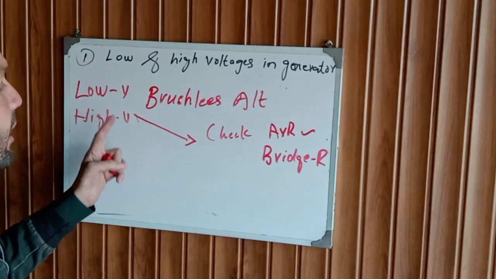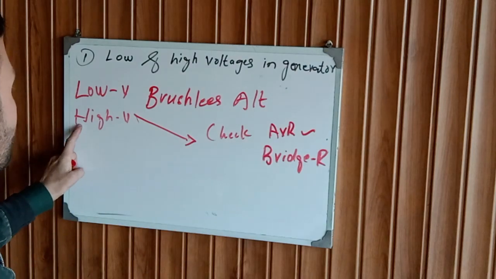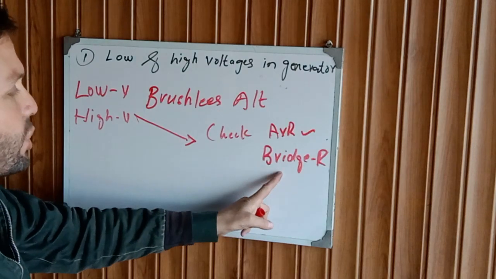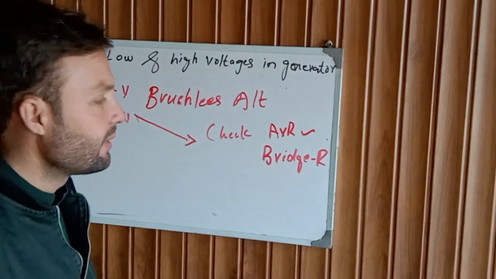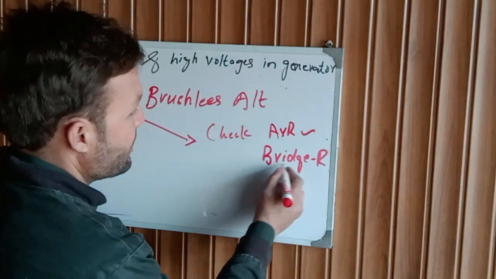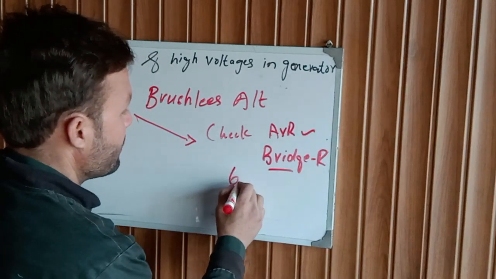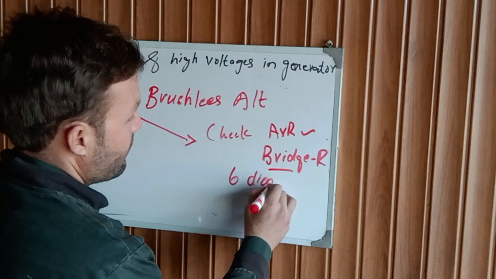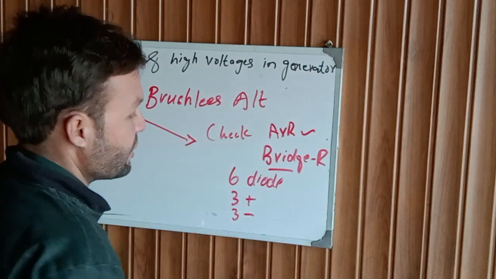If you have a low voltage problem, first you need to check the AVR. Then check the bridge rectifier behind the exciter, which has 6 diodes, 3 positive and 3 negative.